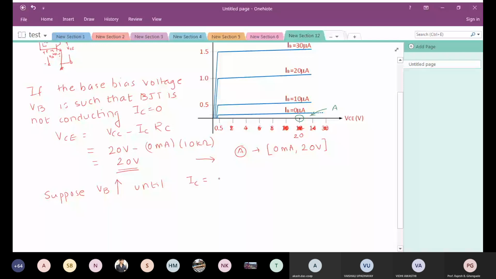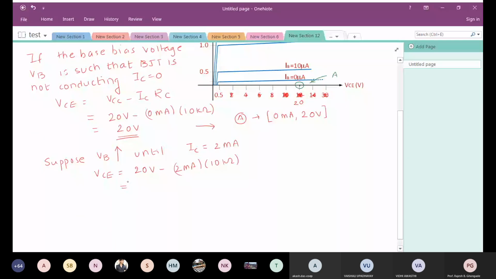This is just hypothetical. Can I find out what VC is now here? It is again 20 volts minus 2 milliamperes into 10 kilo ohms. What is the value of VC? It is 0 volts.